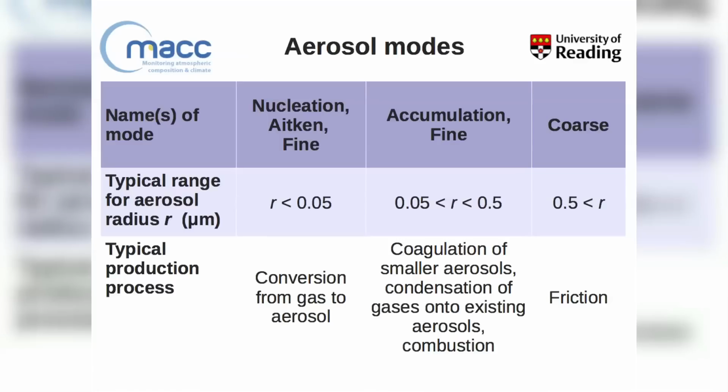Then you've got the accumulation mode, which is also sometimes called fine mode, for particles of intermediate size, between 50 nanometers and 0.5 microns. This mode, as the name accumulation may indicate, typically originates from the coagulation of nucleation or Aitken mode particles into larger particles.